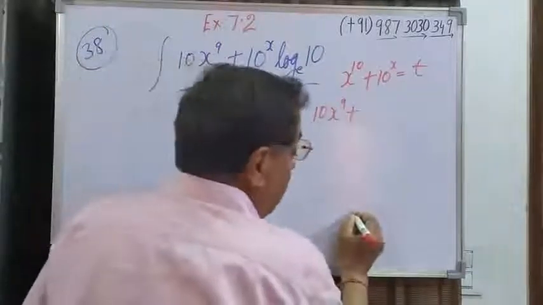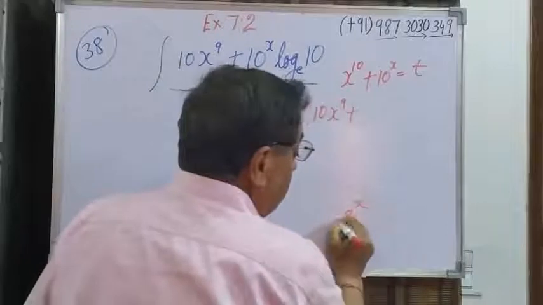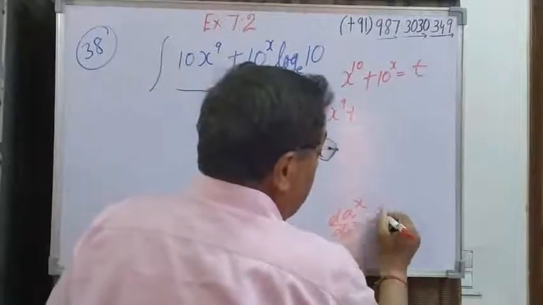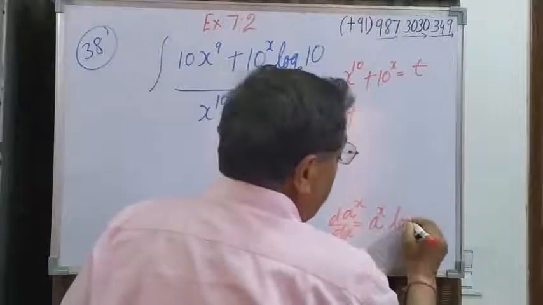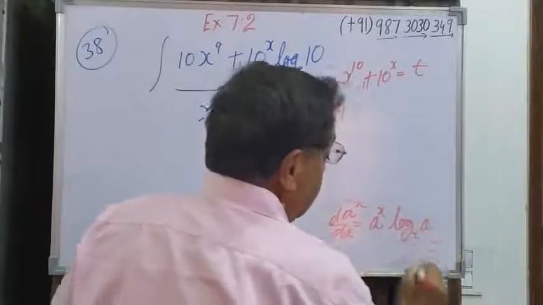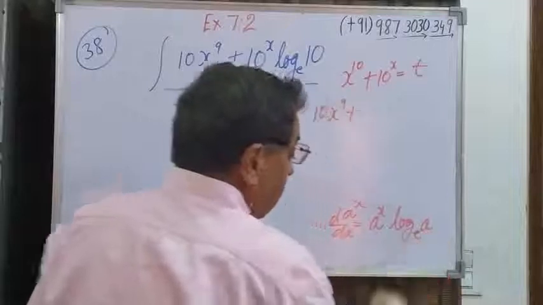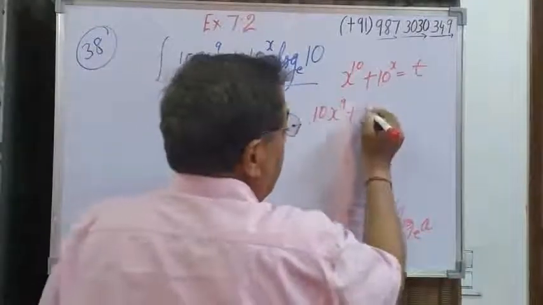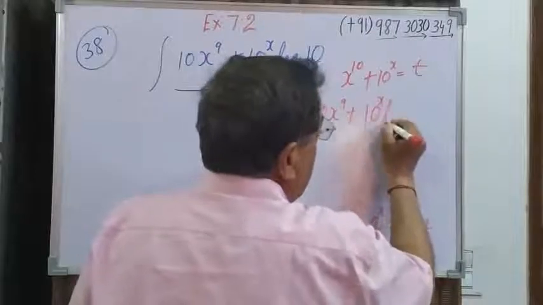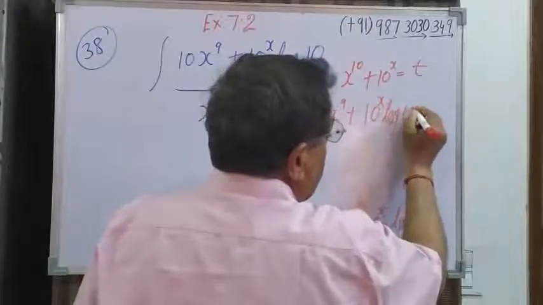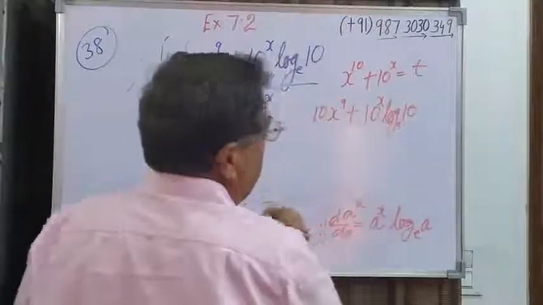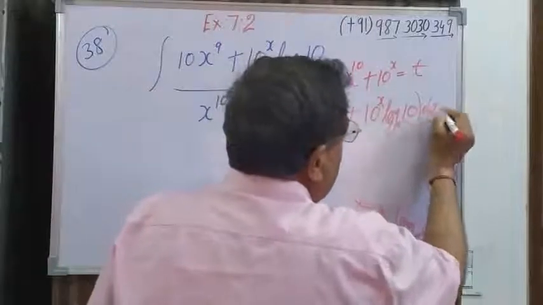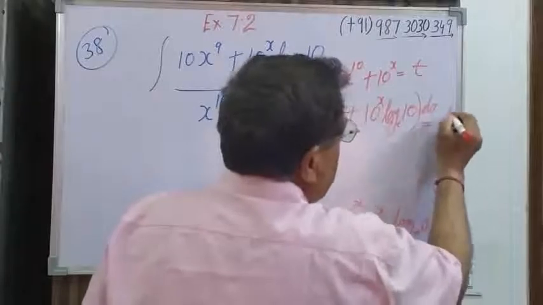As you have done in the 11th class, the derivative of a to the power x is a to the power x into log of a to the base e. The same way here, 10 to the power x into log of 10 to the base e, and whole dx is equal to dt.